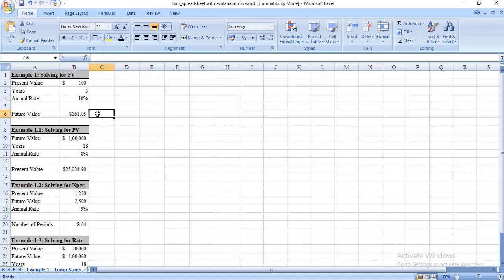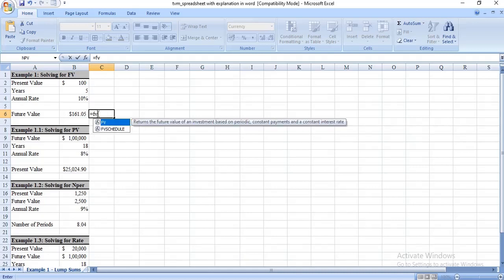For that I will tell you how to calculate. Type equals FV, then take the rate, which is given, 10% in our sum. Then NPER, the number of periods, that is 5.